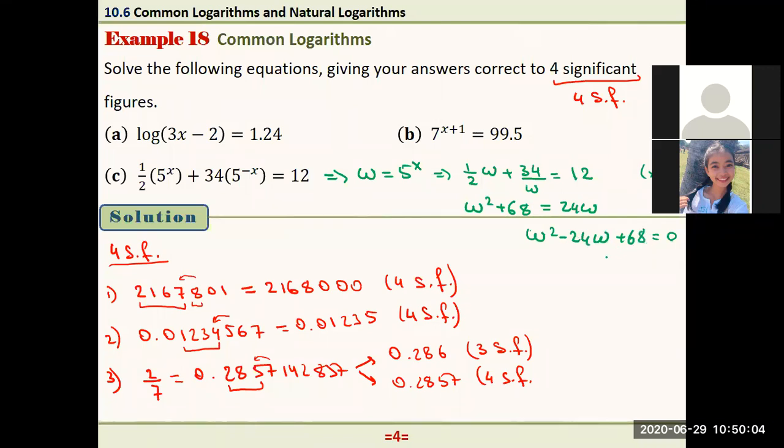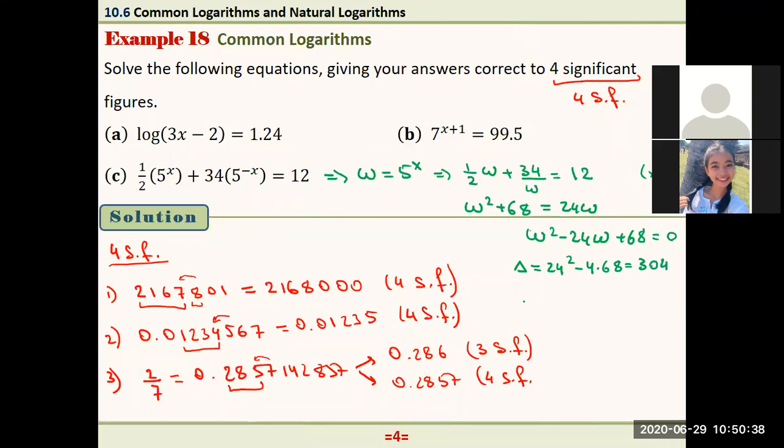Okay. Can we solve this by factorization? 17 times 4 and 34 times 2, it doesn't work. The only way is we need to use the formula, right? Let's find the discriminant, equal to b squared, 24 squared minus 4 times 1 times 68, which is equal to 24 squared minus 4 times 68, which is equal to 304.